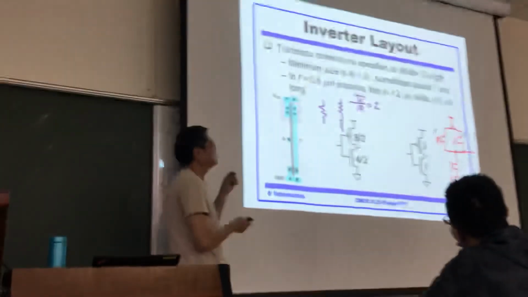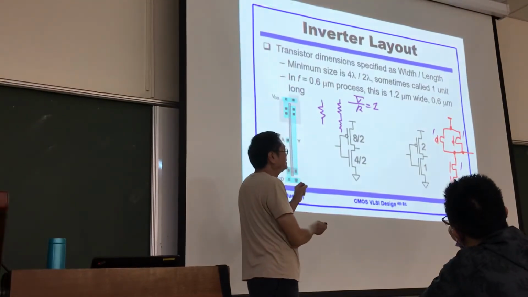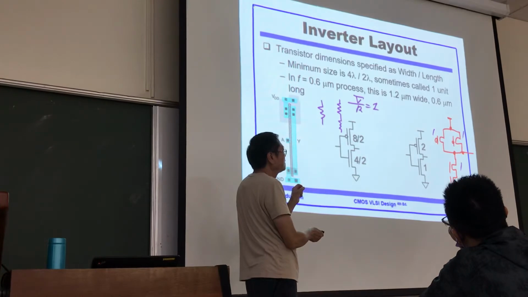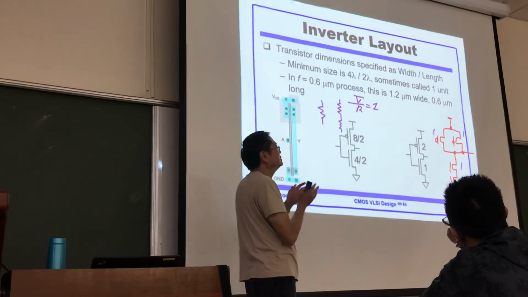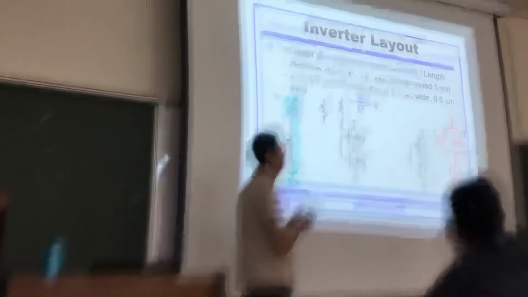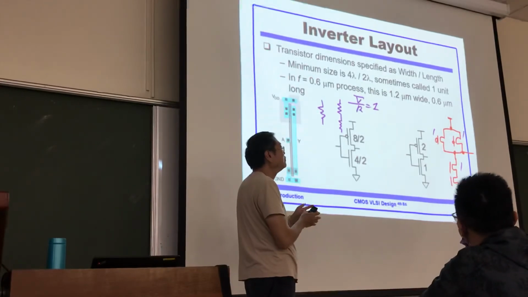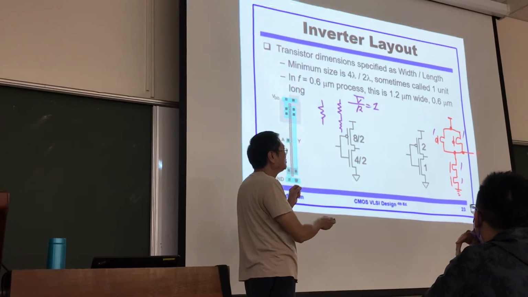Likewise, for the transistor, when you connect two transistors in series, the switching speed becomes 1/2. I mean, it's going to take more time to turn on.